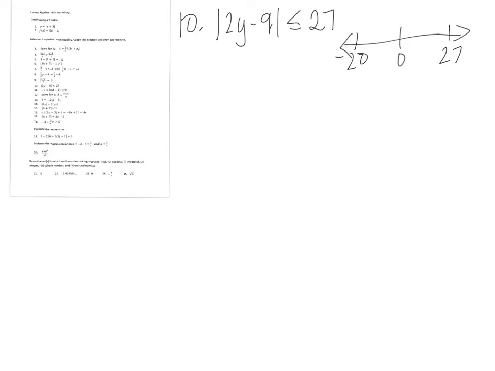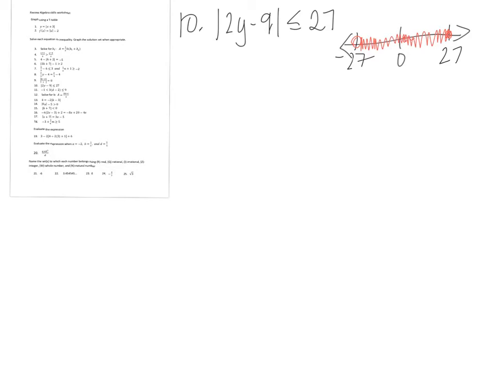So less than 27 away from 0 is going to be these numbers. The numbers that are less than 27, those are all less than 27 away from 0, and all the numbers that are greater than 27 away from 0.